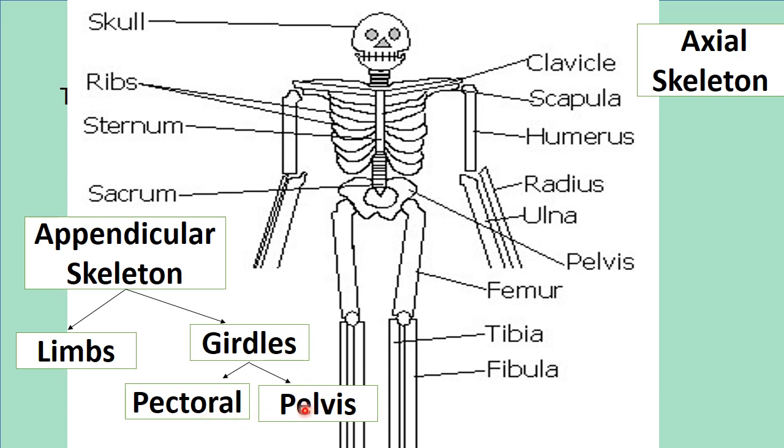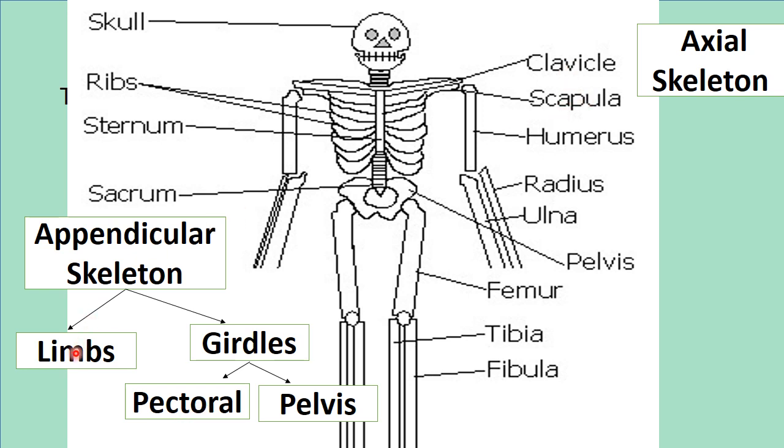The pelvic bones attach the limbs, or the legs, to the exoskeleton, while the pectoral girdle, which is made of the clavicle and the scapula, attaches the other limbs, which are the hands, to the exoskeleton. This is where we end on the pectoral and the pelvic. Of course, the pectoral has two parts also: the clavicle and the scapula.